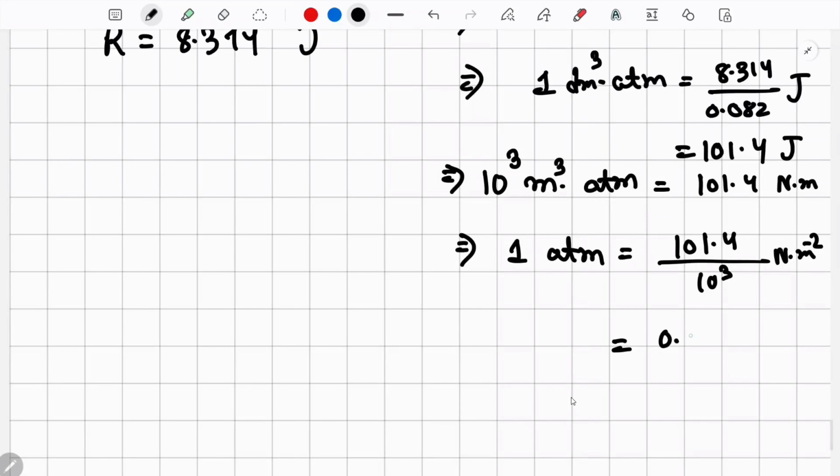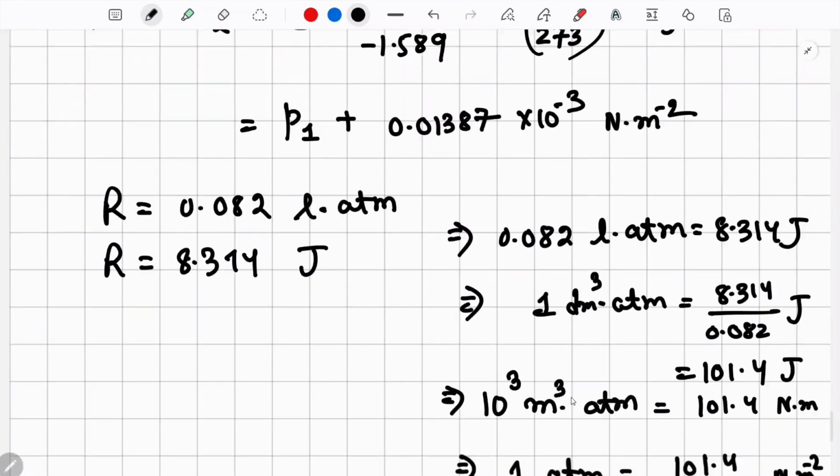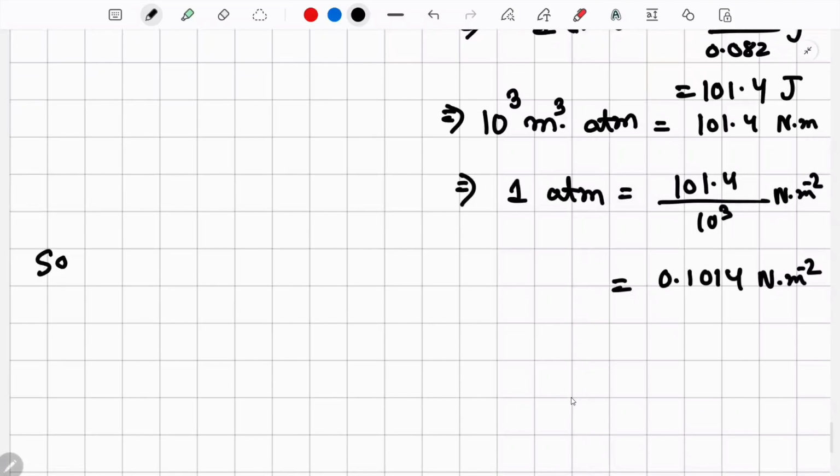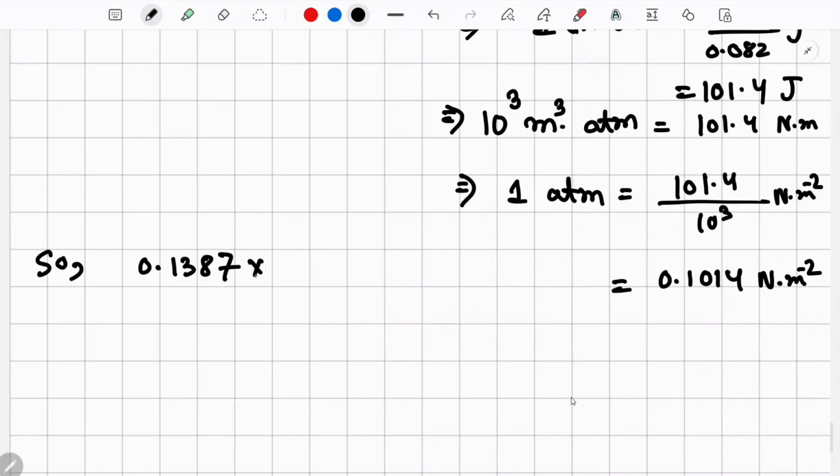0.1014 Newton per meter square. And we have 0.1387 into 10 to the power minus 3 Newton per meter square.